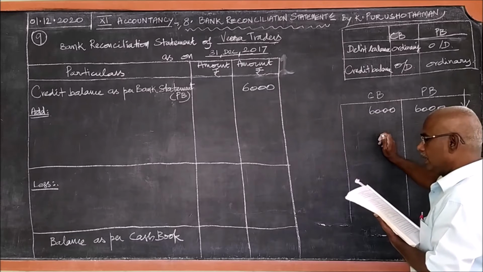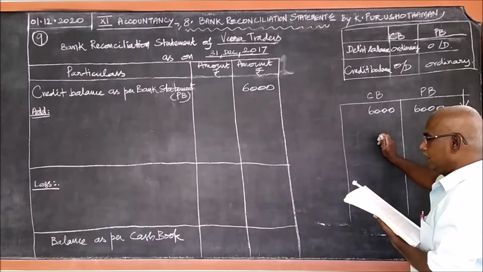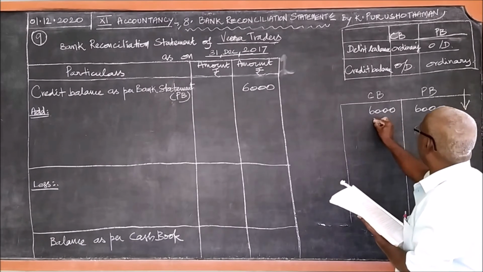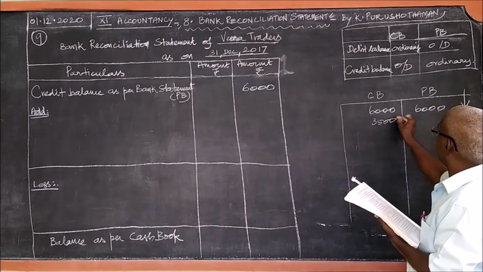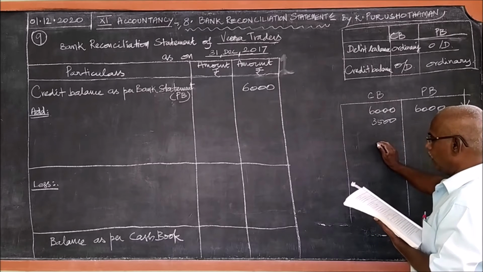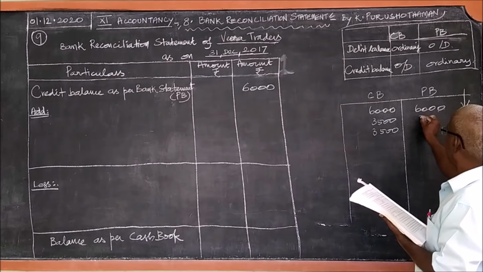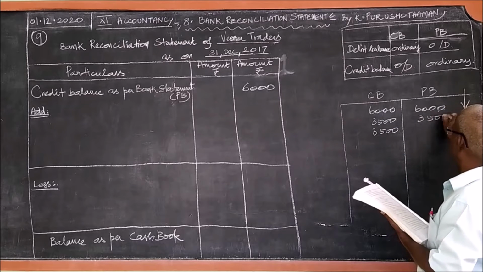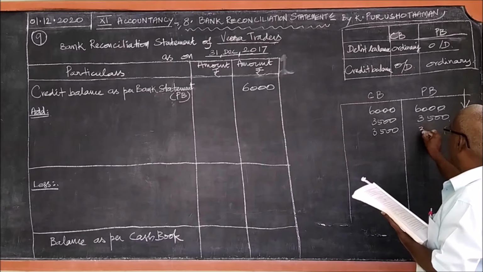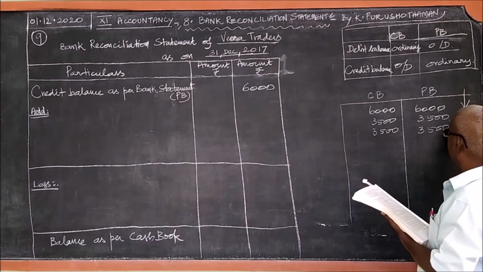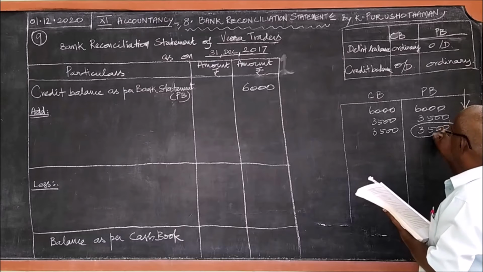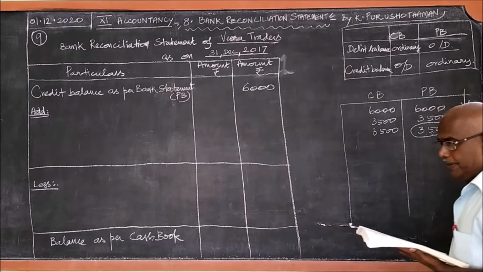So what it is, amount received by the bank 3,500. 3,500 twice entered in the cash book. 2 times. But what does it mean? In the passbook only 1 time it is entered. Therefore, one more time it should be entered in the passbook. Therefore, we should add.